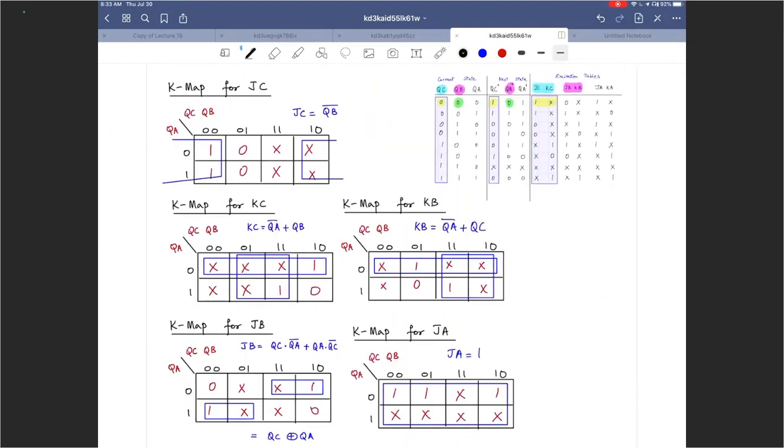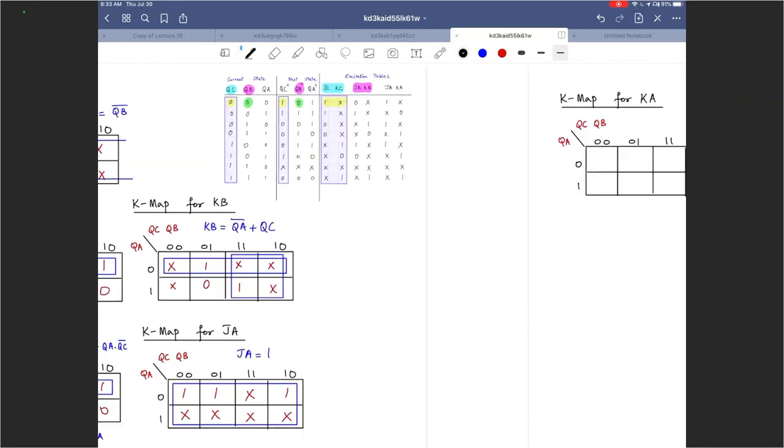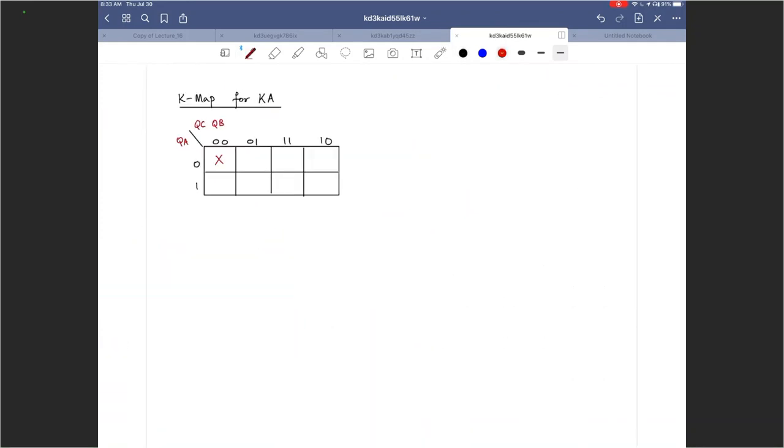What would be KA? X0, X1, X0, X1, X1, X1. All right, so for this one, what would be the groups? Let's see. I think the best way to do this would probably be that and that.